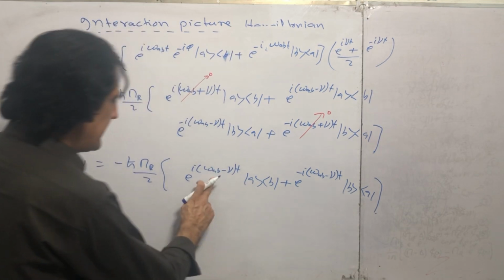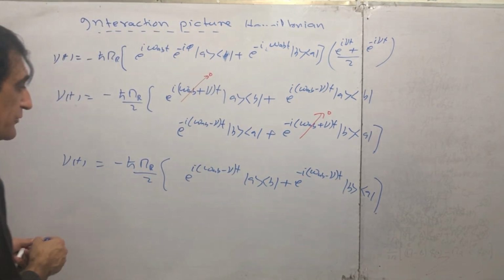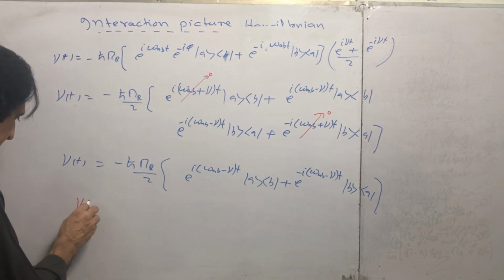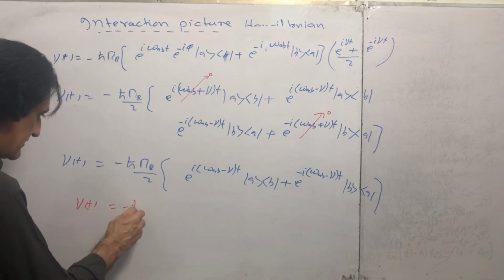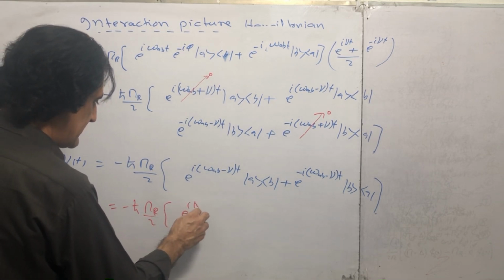And omega ab minus nu, the difference between the two frequencies, is known as detuning. So we have the detuning delta here, and iota delta t.